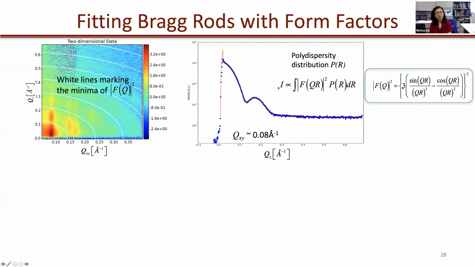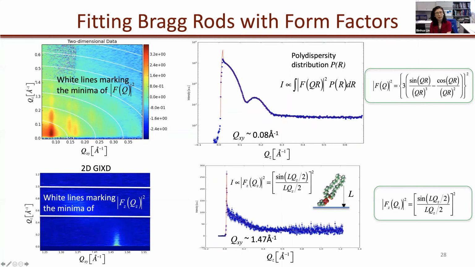Immediately you probably notice that this polydispersity smears out the very sharp drop of the minima we drew before. There are other factors that smear it out too, like the instrument resolution function or noise. From this fitting, you can get the size R here.